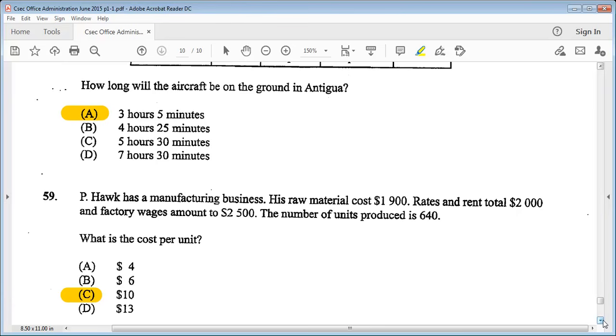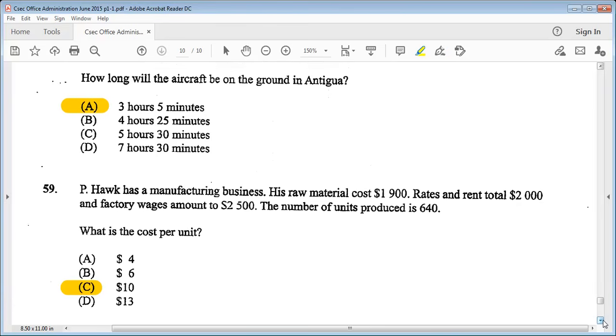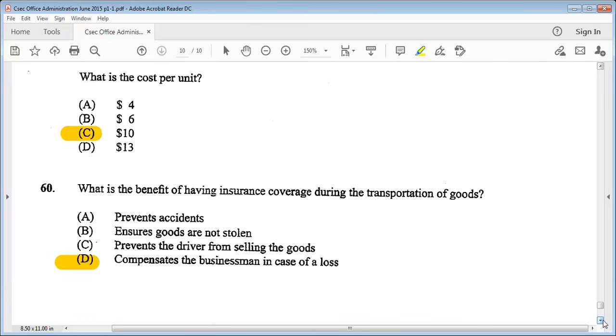Now it tells us that the number of units produced is 640. So for us to know the cost of one unit, we would have to divide 640 into 6,400, and that would give us 10. So per unit, it is $10. C is your answer. Let's go on to question 60.